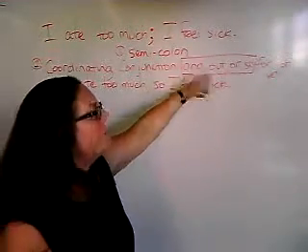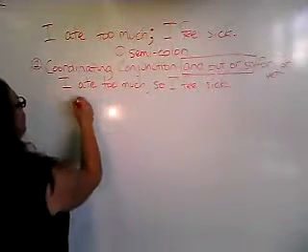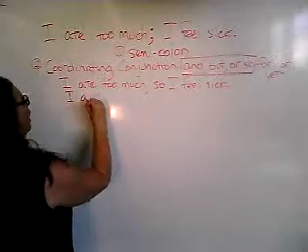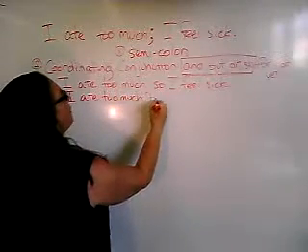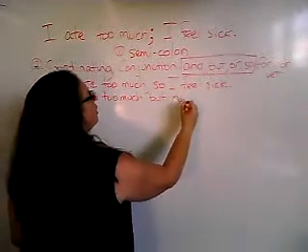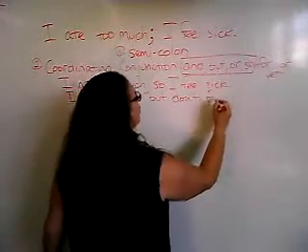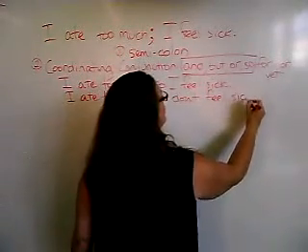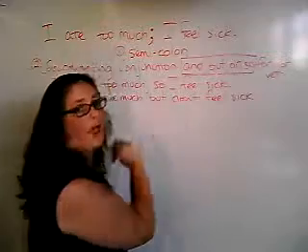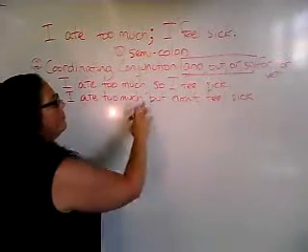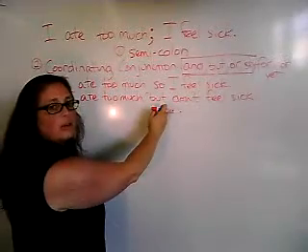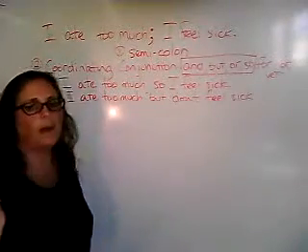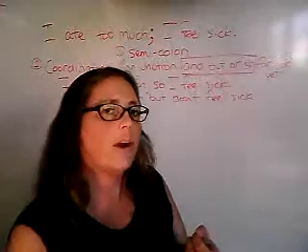So let me give you an example with but. You said, I ate too much, but don't feel sick, showing the contrast. Same subject, so I take it out in the second one, and I don't use the comma. Again, use that for and, but most commonly.